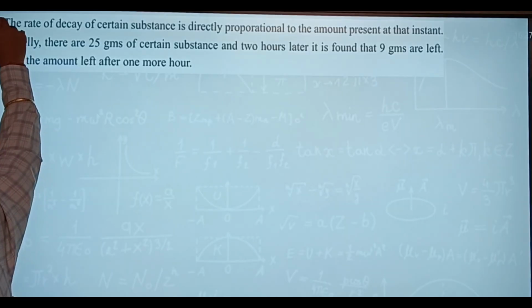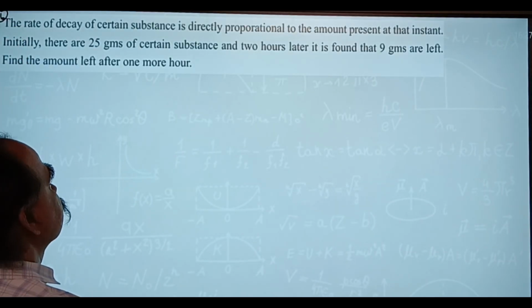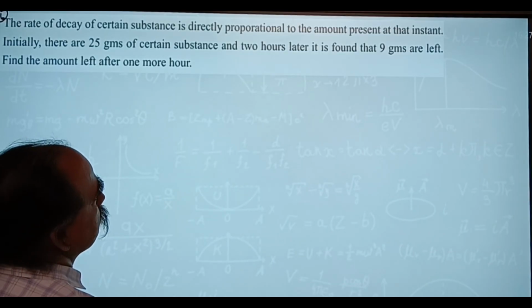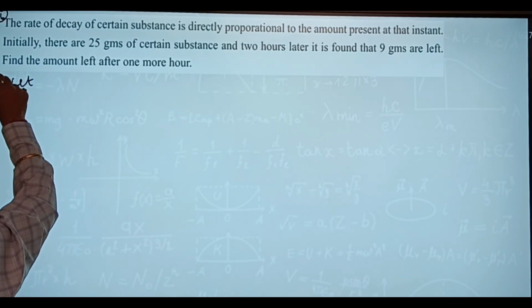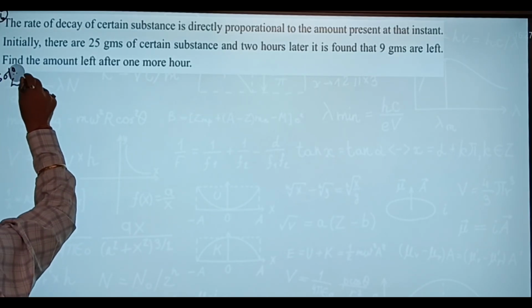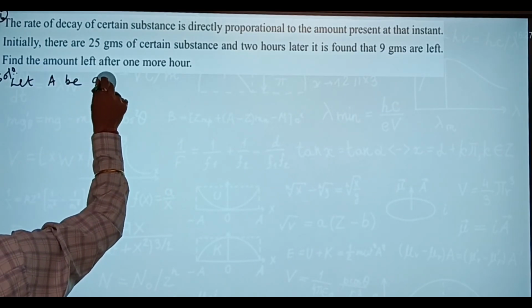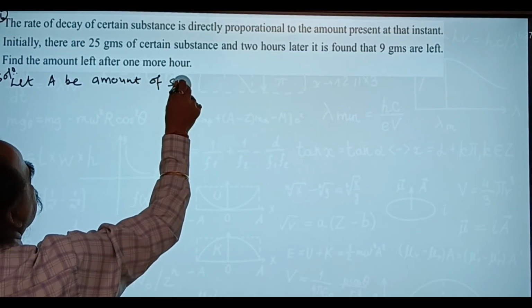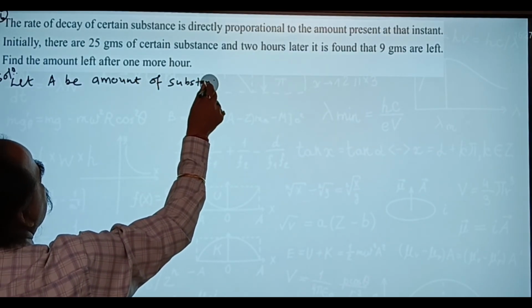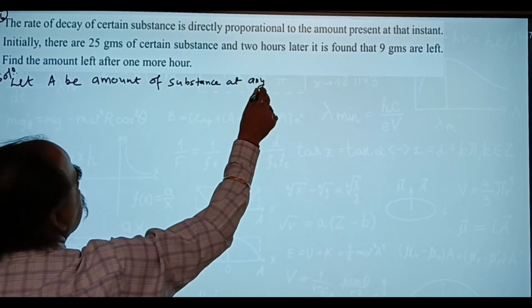Sixth is: the rate of decay of a certain substance is directly proportional to the amount present at that instant. Let A be the amount of substance at any time t.